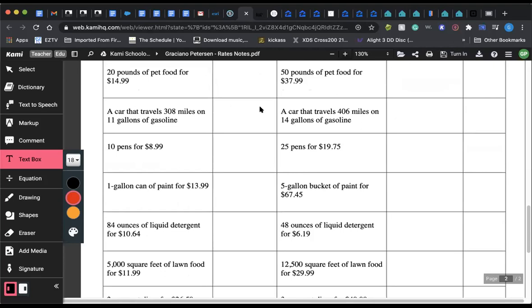All right, let's start going over some of these. I know some of you might still be working, but we're going to go over them so that we don't run out of time. We have 20 pounds of pet food for $14.99 and 50 pounds of pet food for $37.99. Which one is the better buy, A or B? A. A is the better buy, definitely, yes.